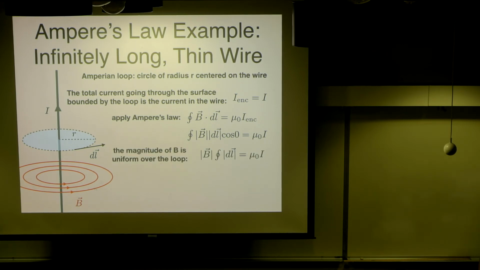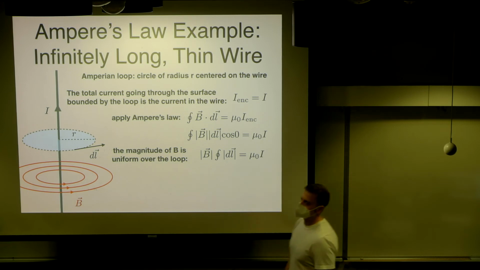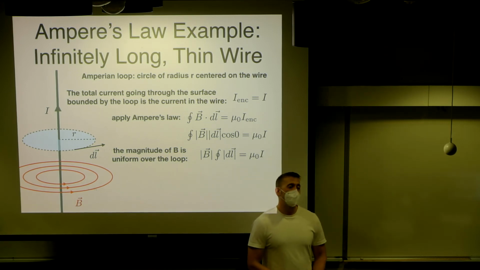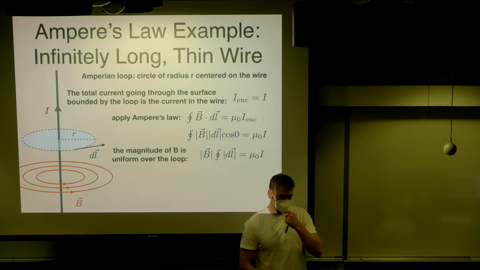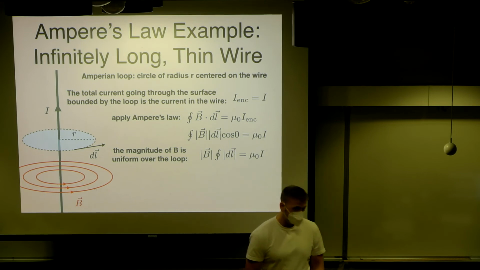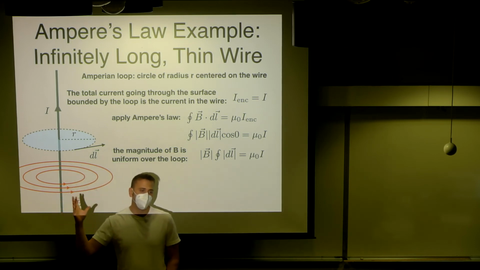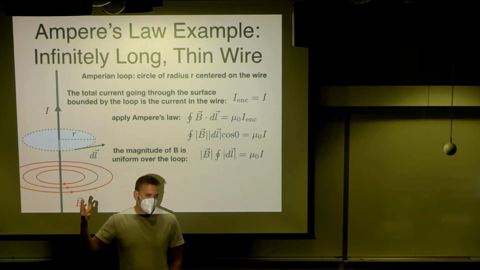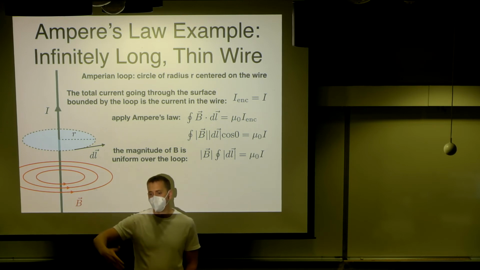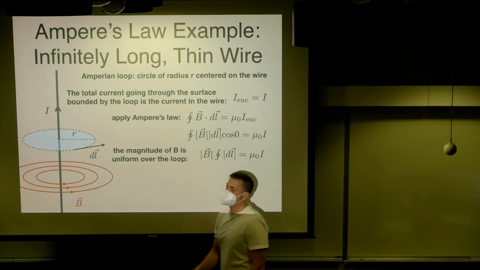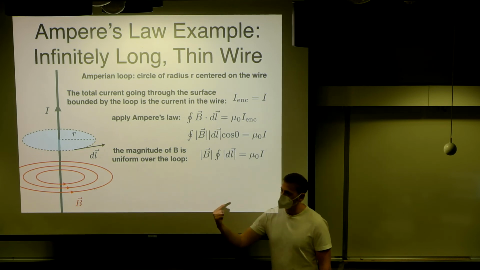Okay, the next move we make is to pull B out of the integral. We always want to be able to do this at some point if we're applying Ampere's law in this sort of way. And the reason we can do it is that we're just some fixed distance away from the wire, right? The strength of the B field just depends on how far you are from the wire. So if we're staying the same distance away, the strength of the B field is not changing as we go around the loop.